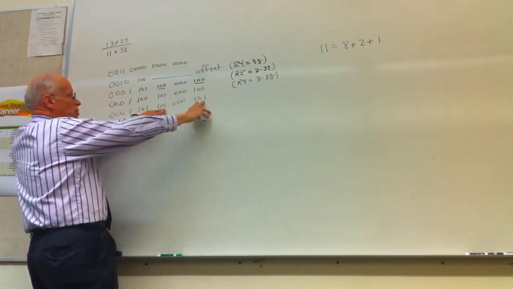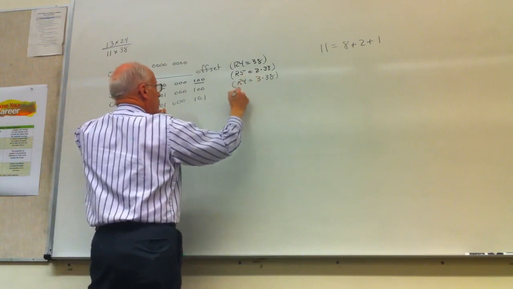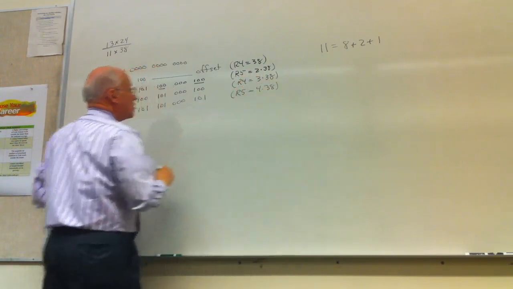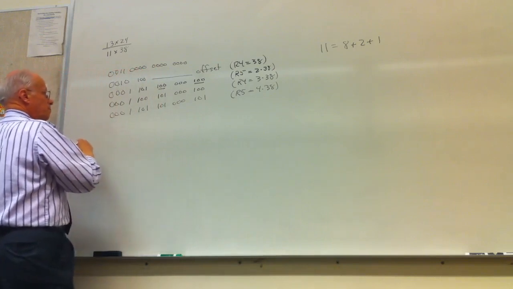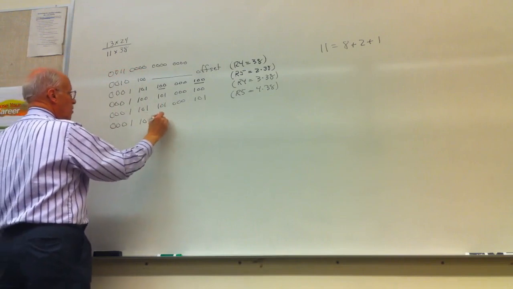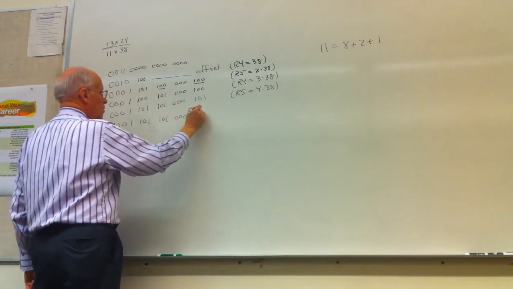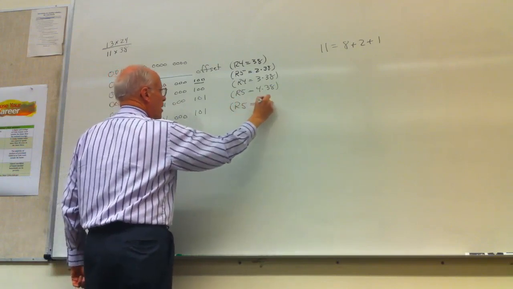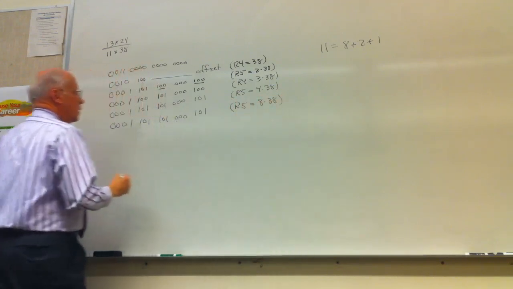Now I'm going to double register 5 again. Double that gives me 4 times 38. Do it again. Register 5 is now 8 times 38.